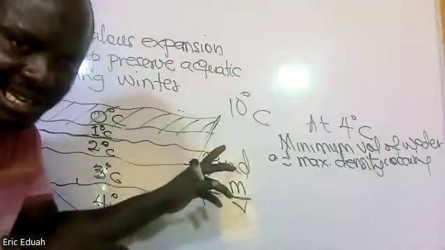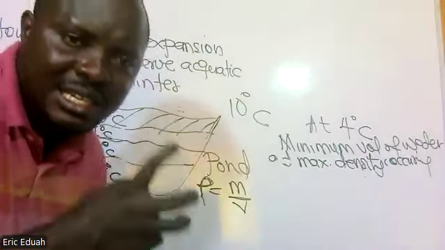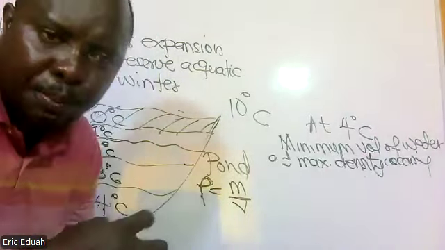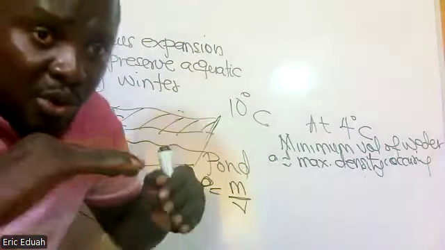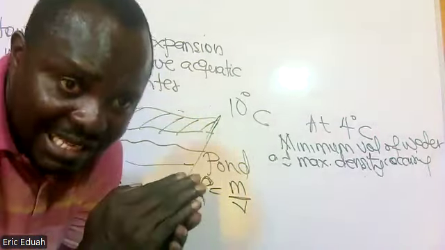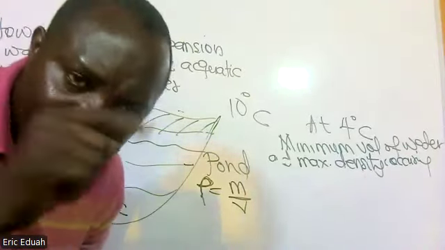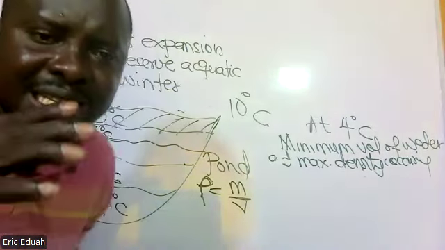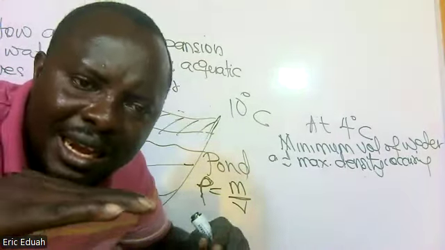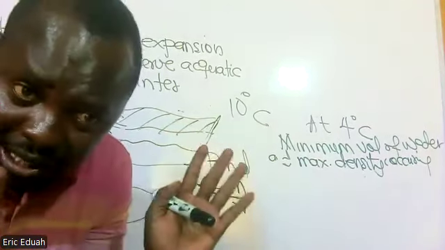So at 10, at 9, at 8, 7, 6, because the temperature is dropping, water is contracting. The same water would contract at 9, 8, 7. By the time it gets to 4, it has contracted to the least. Festus, are you following? The same water.